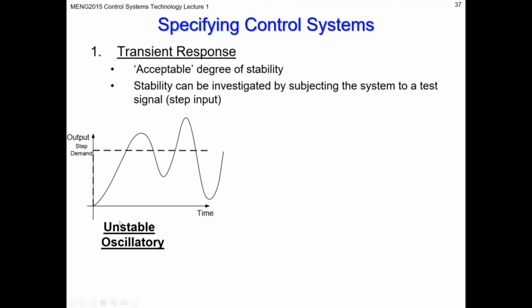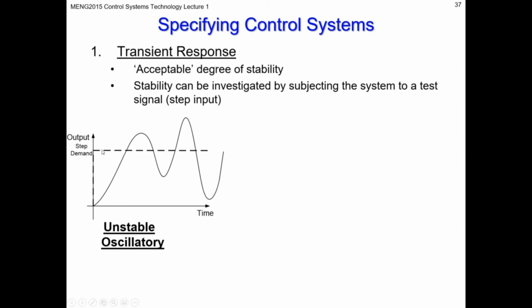If you have an unstable response, then you have an output something like this, not a very well drawn graph, but basically as time goes on, your output is increasing in magnitude. Ideally, when you have a step demand like this, over time your output will converge towards that step demand.